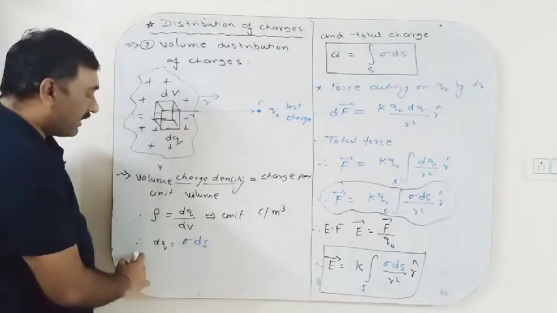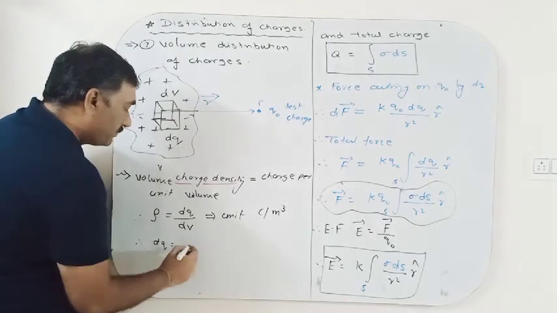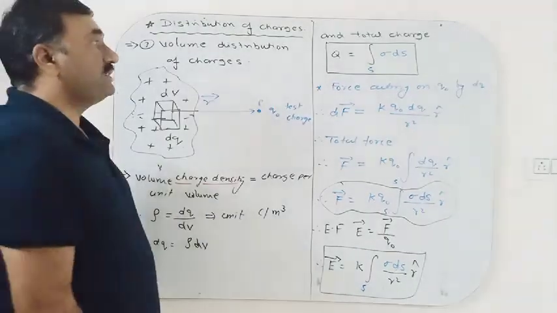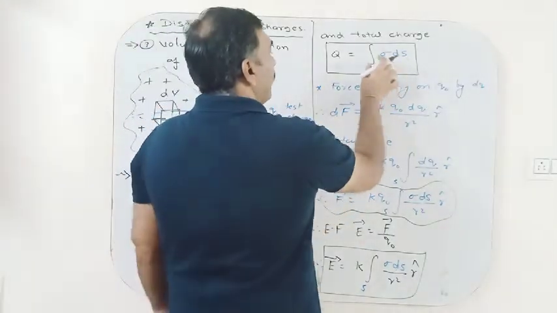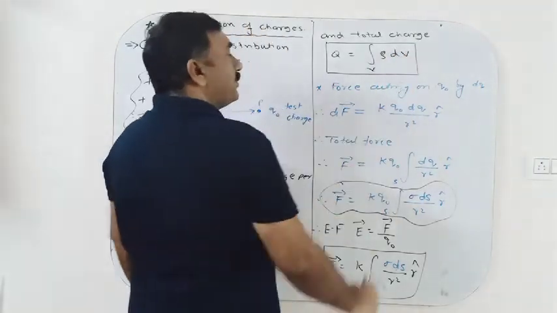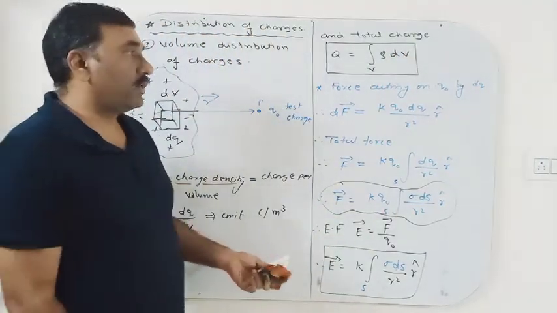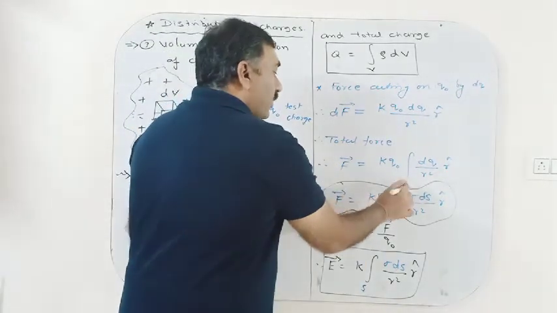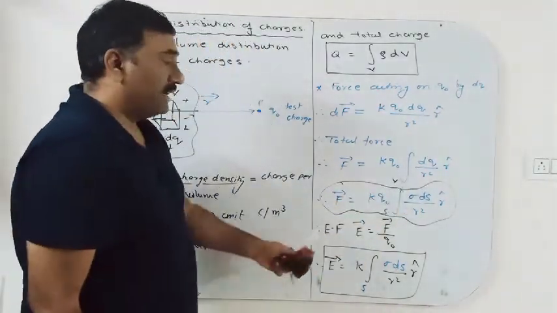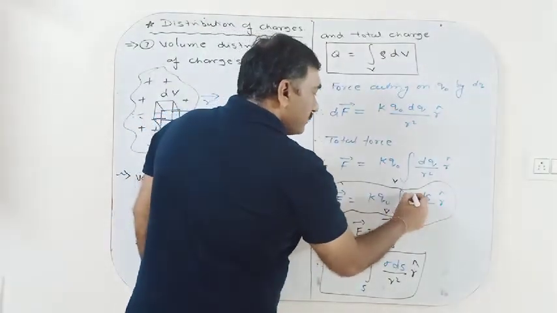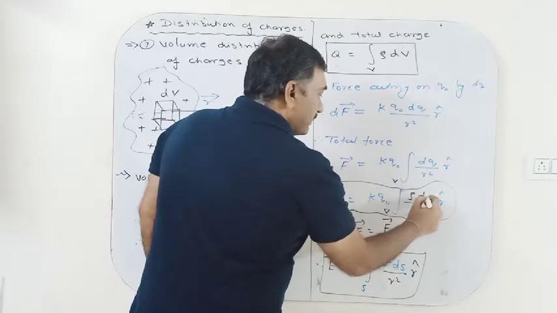So we can write dq is equal to rho into dv. To obtain the total charge, we write the volume integral of rho into dv. The force acting on q naught due to dq remains the same. For the total force, we take the volume integral, and we replace s by v, sigma by rho, and ds by dv.